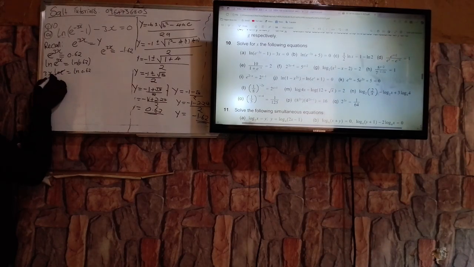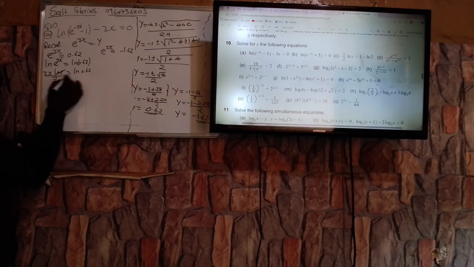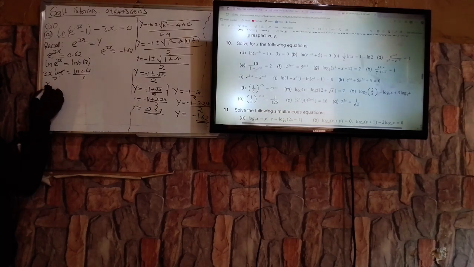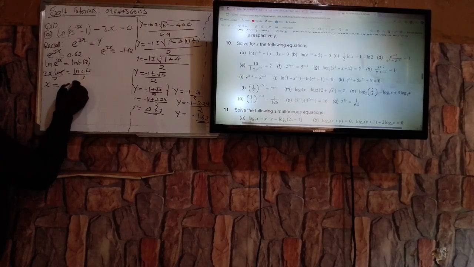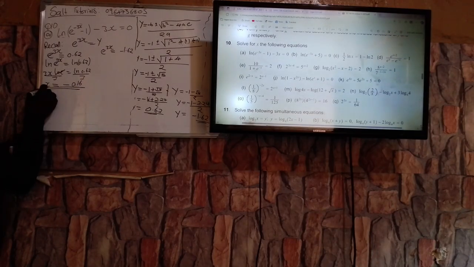The natural log of e is 1, so I'm going to have 3x divided by 3, divided by 3, so that the value of x becomes the natural log of 0.62 divided by 3. So I'm going to punch natural log of 0.62 divided by 3, and I'm going to have negative 0.16. Negative 0.16 is the value of x.